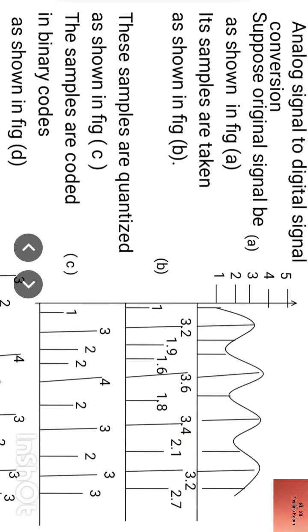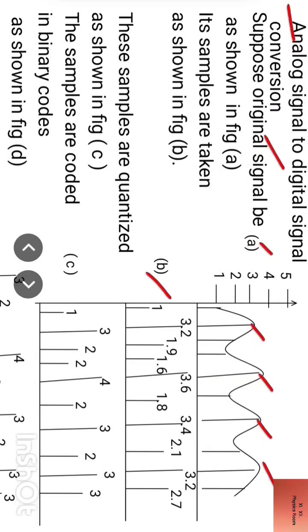Now, analog signal to digital signal conversion. Now, suppose original signal be as shown in figure A. So, this is original signal. Its samples are taken as shown in figure B. Here we have taken the amplitude of the signal at various instants of time.